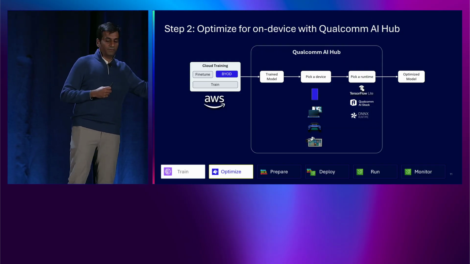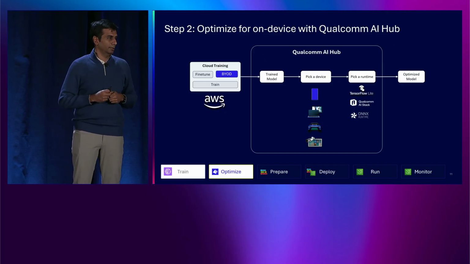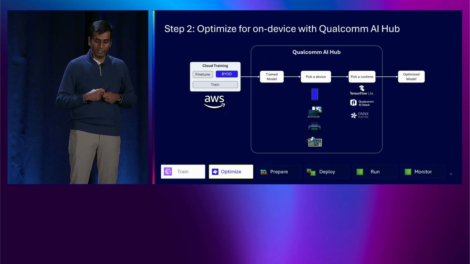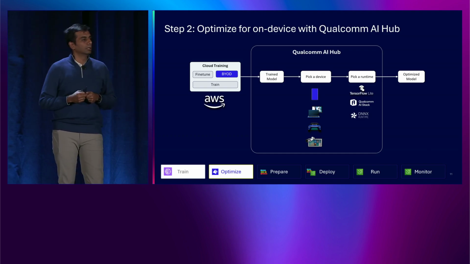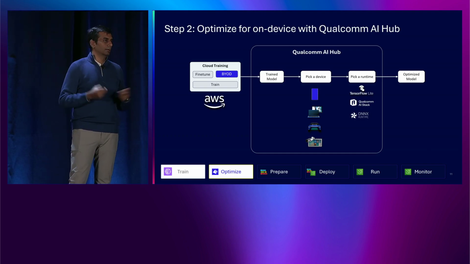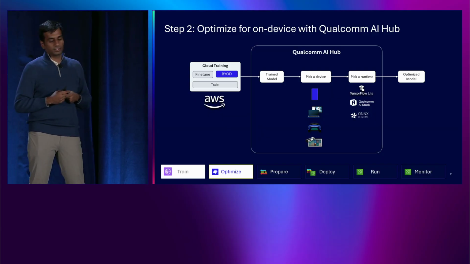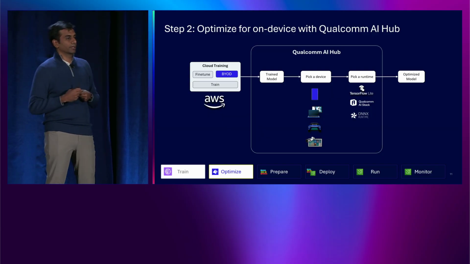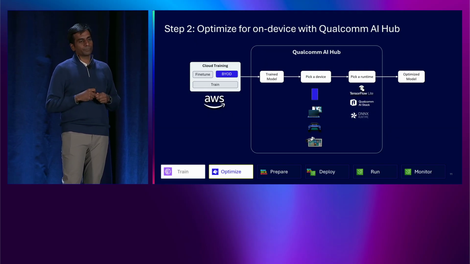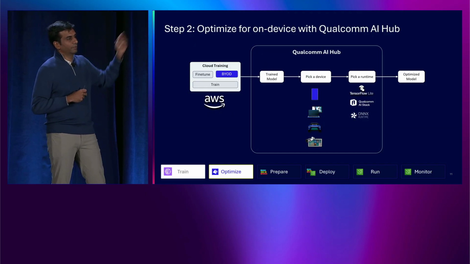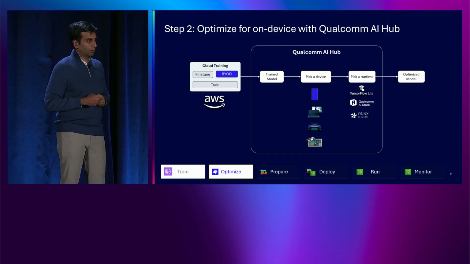And once you pick that device and you say, okay, I'm deploying this model on this device, the edge AI, typically there are many different runtimes people use to deploy the model on the actual device. So some people use TensorFlow, some people use ONNX Runtime, there's ExecuTorch, there's also the Qualcomm AI stack if you want to do something super native. So you can just pick your runtime and say, hey, here's the model that I've trained, this is the device that I care about, this is the runtime that I care about, now go, right?